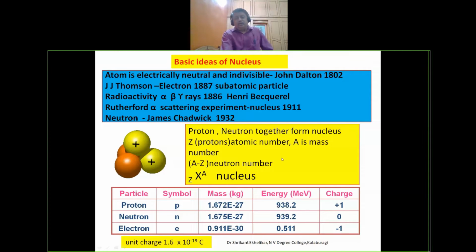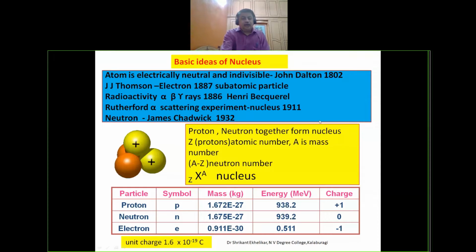In all, a nucleus consists of protons and neutrons together. So protons and neutrons are called the building blocks of a nucleus. They are the constituents of a nucleus. Protons and neutrons together form the nucleus.